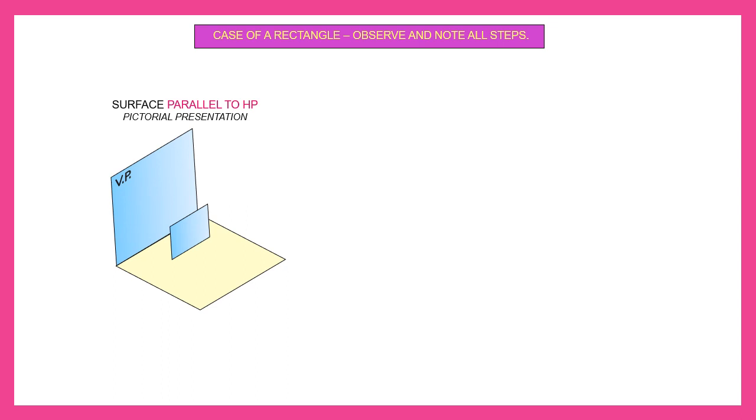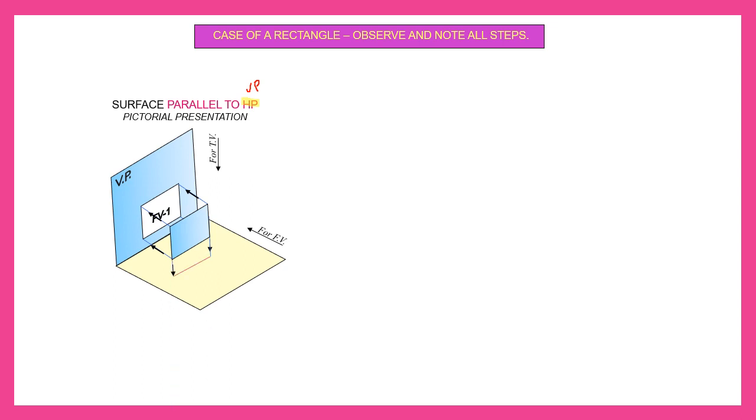And then the next case, surface parallel to HP. Sorry, this surface is parallel to VP. It is even wrong. It is surface parallel to VP. So what will be your front view? Your front view will be a rectangle, and then the top view will be a line, which you can see in the PPT.